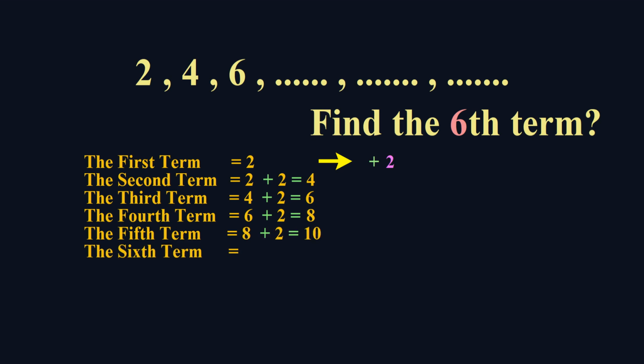By the same method, we can get the sixth term, which equals 10 plus 2, which equals 12. And the seventh term is equal to 12 plus 2, which equals 14. And in our problem, the required term is the sixth term, which equals 12. And this was the manual method solution for this problem.